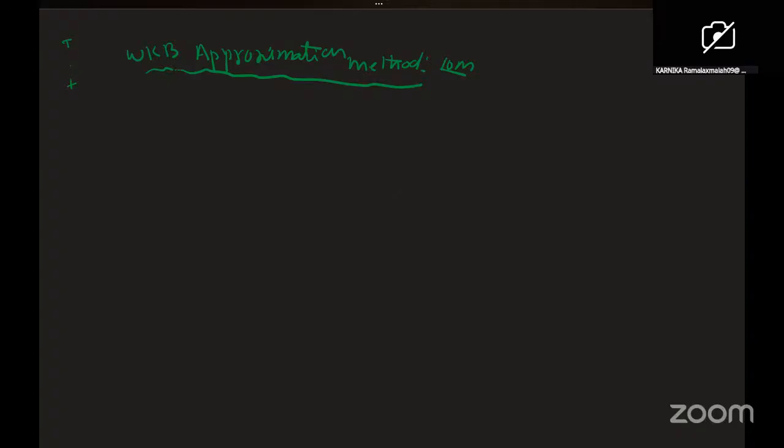That is the scientists' names here: W means Wentzel, K means Kramers, and B means Brillouin.